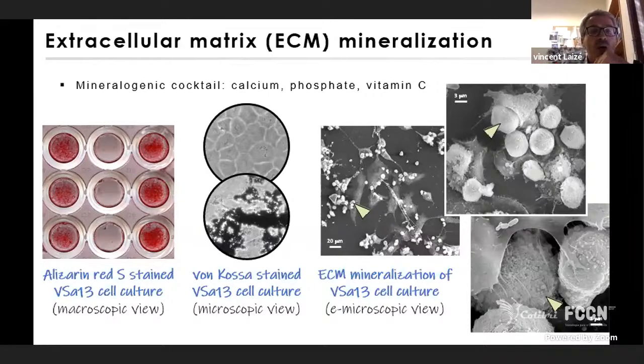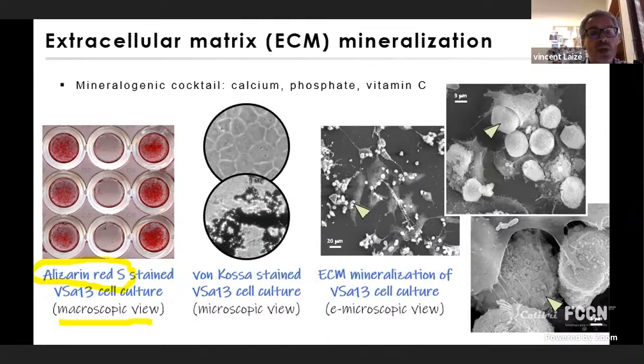And here you have some example. It's a macroscopic view of a multi-well plate containing VSF13 cells at 2 weeks and stained with alizarin red. Alizarin red is a specific dye. It's a calcium-specific dye, and it will react with the calcium phosphate crystals that are deposited in the extracellular matrix. So here it was a macroscopic view.